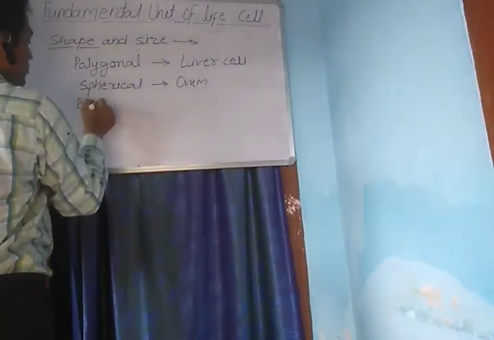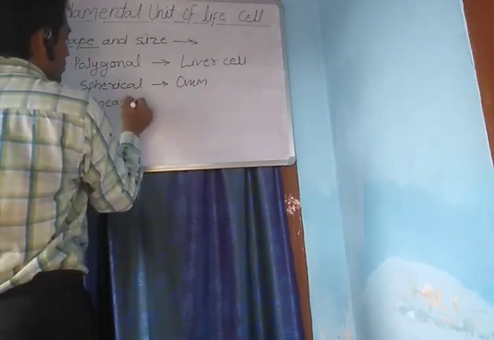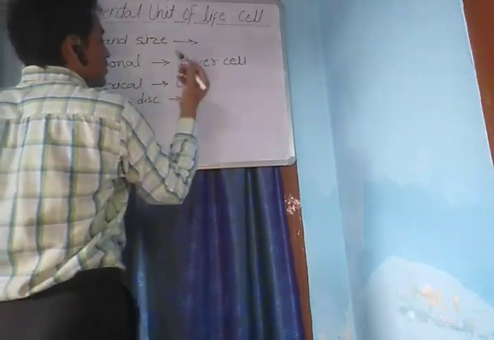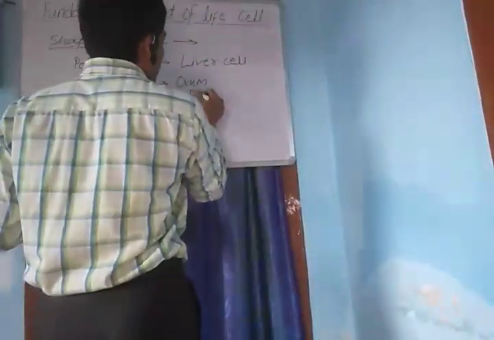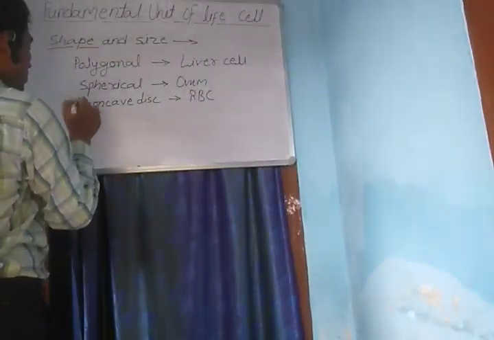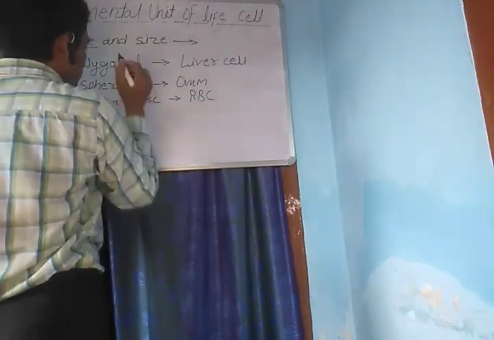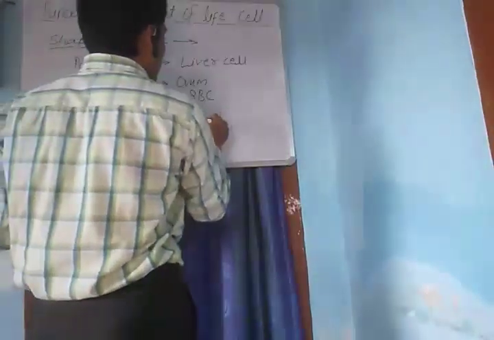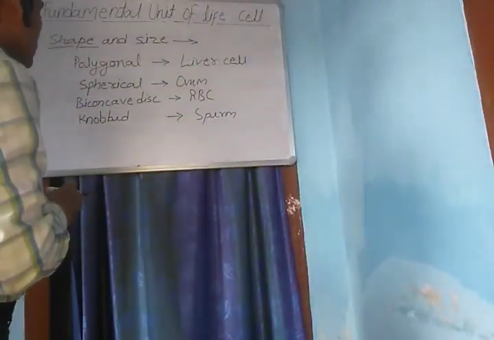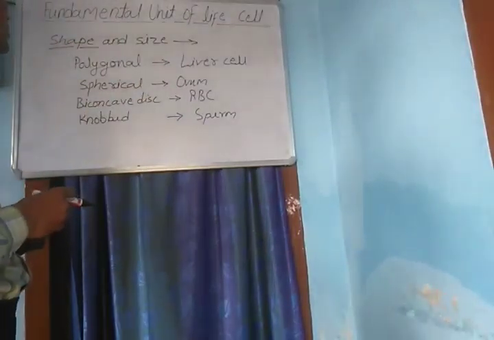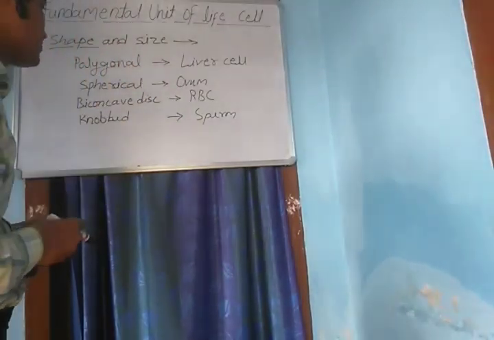Biconcave disc shaped, like our RBC. Sperm is also longitudinal. Some cells are of other shapes.